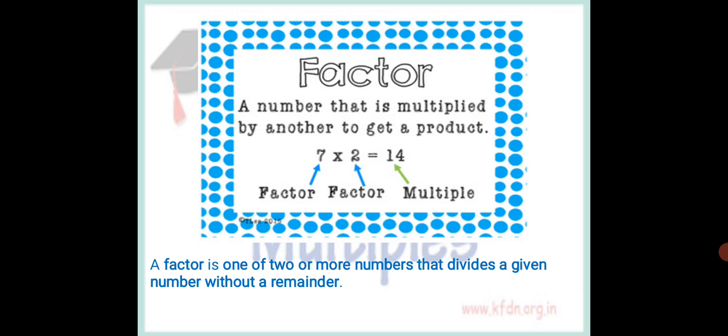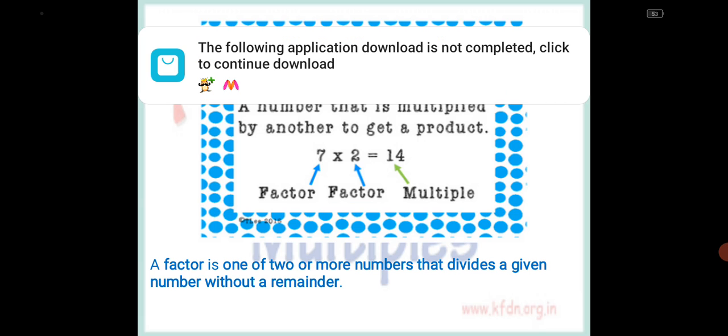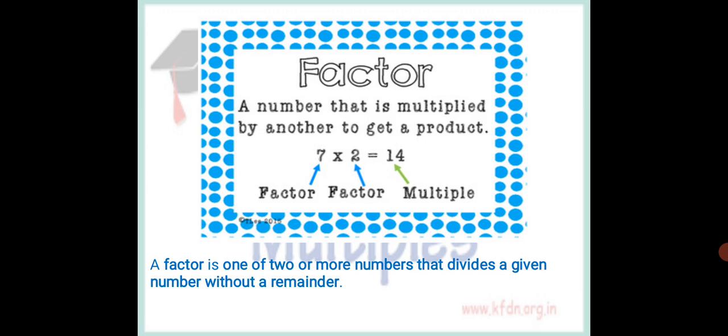So, 7 and 2 are the factors and 14 is the multiple. A factor is one of two or more numbers that divides a given number without a remainder.